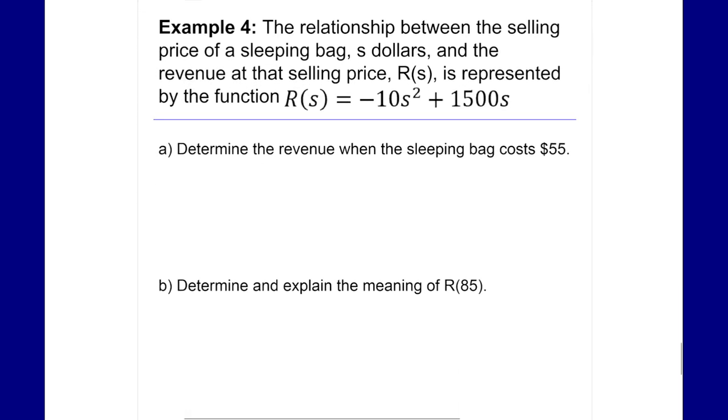One last example, just looking at the relation in a different scenario. The relationship between the selling price of a sleeping bag, S dollars, and the revenue at that selling price, R at S, is represented by the function R at S is equal to negative 10 S squared plus 1500 S. We want to determine the revenue when the sleeping bag costs $55.